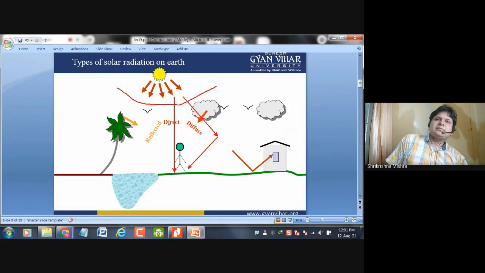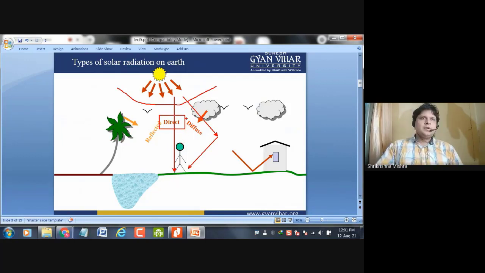So in a broad sense, the radiations which directly strike the Earth's surface are known as the direct radiations, but the radiations which come onto the Earth's surface after getting reflected by the dust particles present in the atmosphere are known as the diffuse radiation. All right, so direct radiation and the second is the diffuse radiation. There are two types of radiations which enter the surface of the earth.